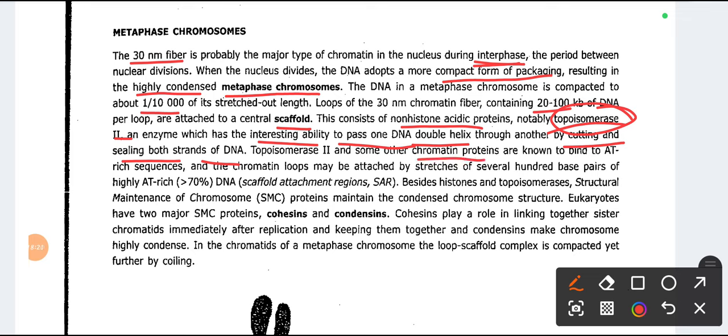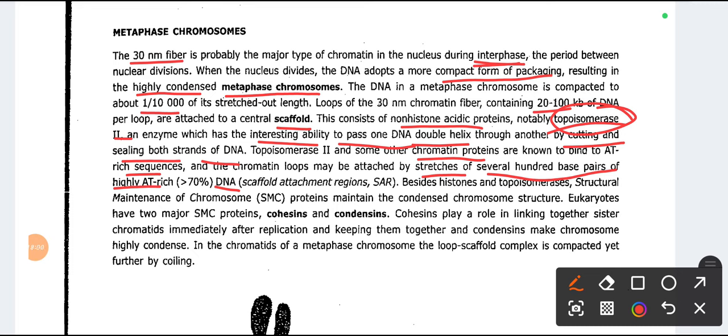Some other chromatin proteins bind to AT rich sequences, so that AT rich loops come into contact with each other, and as a result several hundred base pairs of highly AT rich DNA become attached.